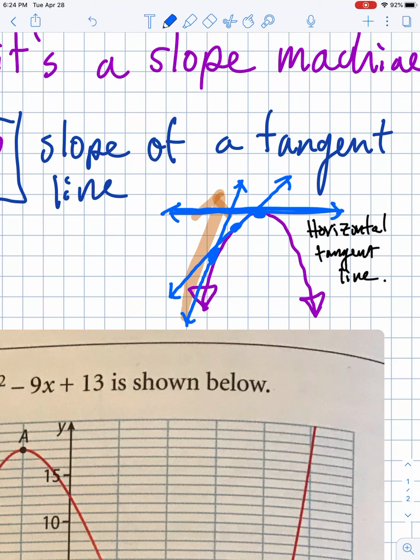Then, if we were to put a point on this side right here and try to draw a tangent through there, that is a tangent line that has a negative slope because it has a downhill trajectory if you read it from left to right, which you always read graphs. So this side over here is going uphill, this side over here is going downhill.